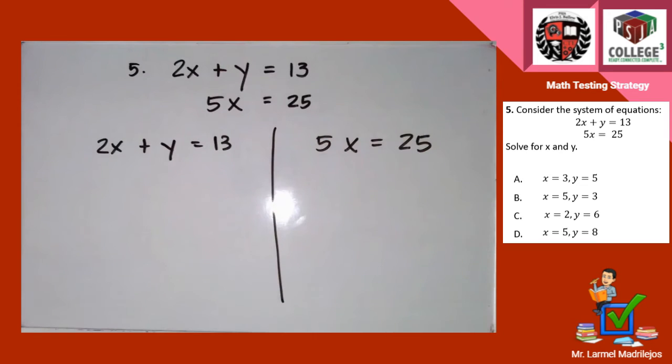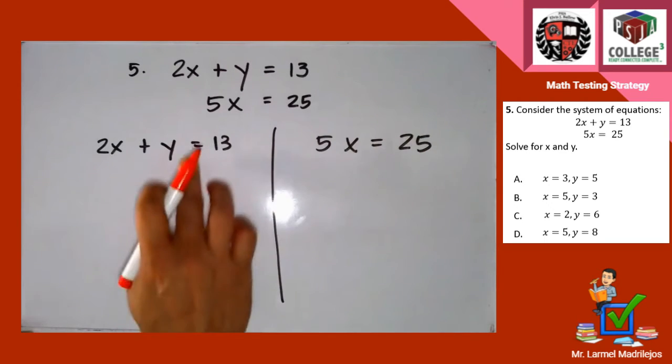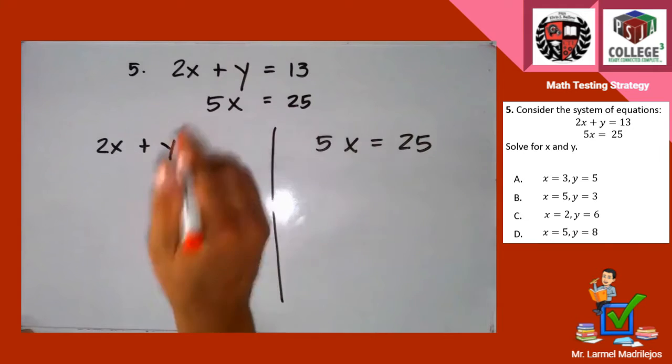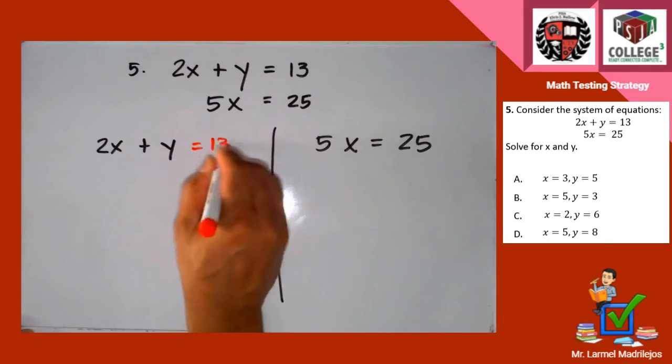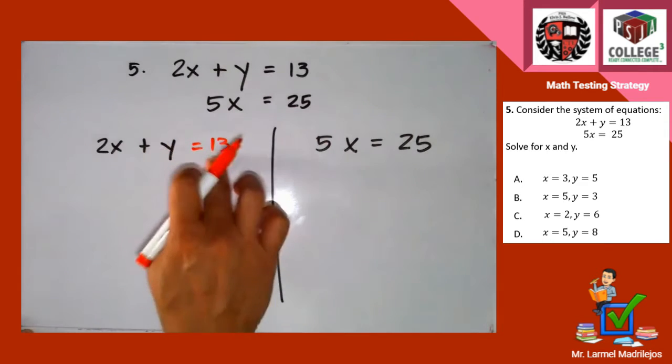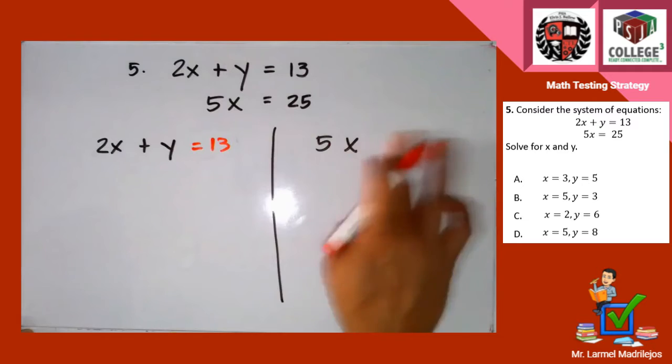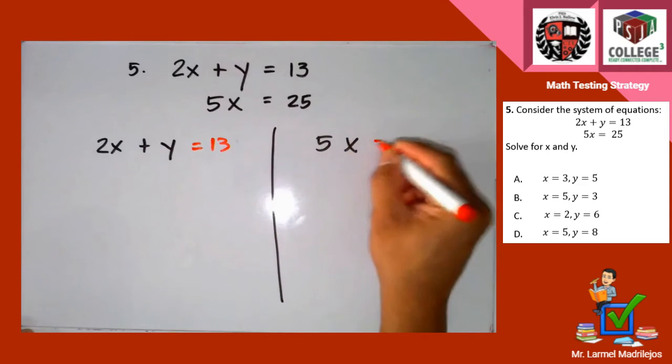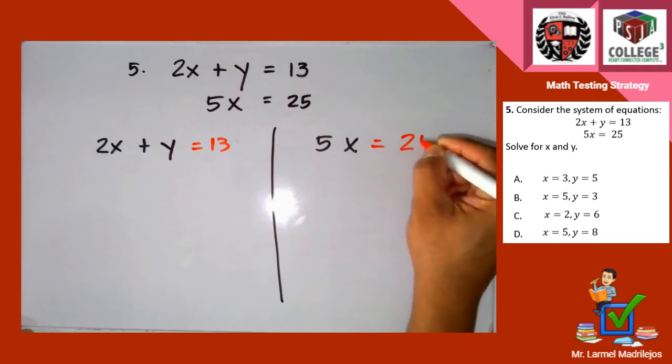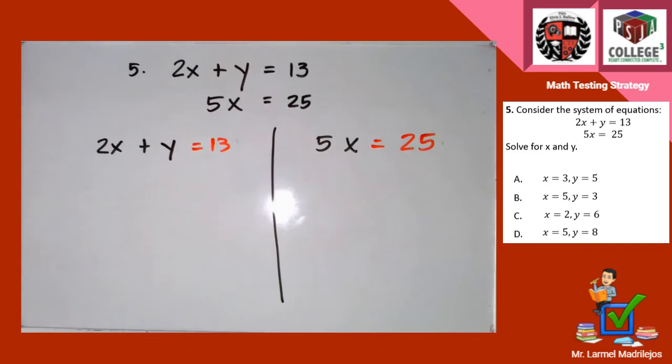I just want to make it clear. Equal means they are equal. The value here is supposed to be equal to 13, and the value 5 times x is equal to 25. So, I'm going to look at question choices. A. Okay.